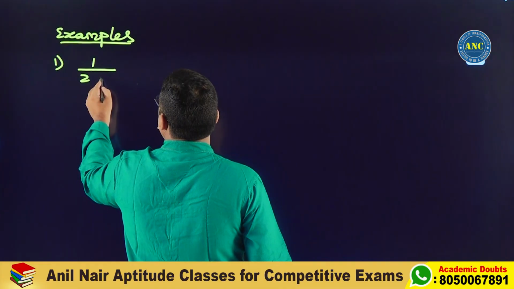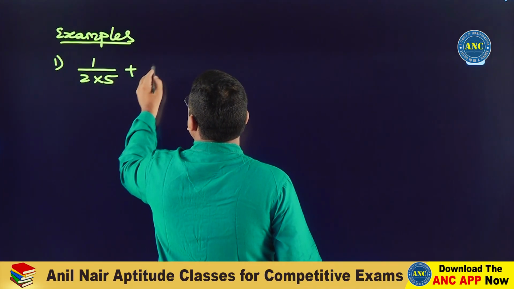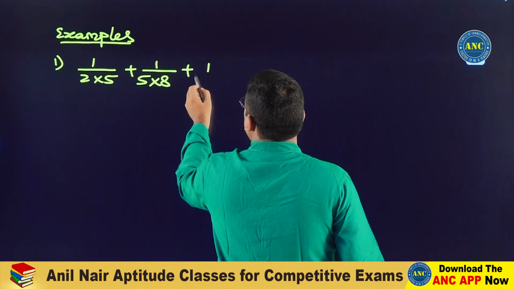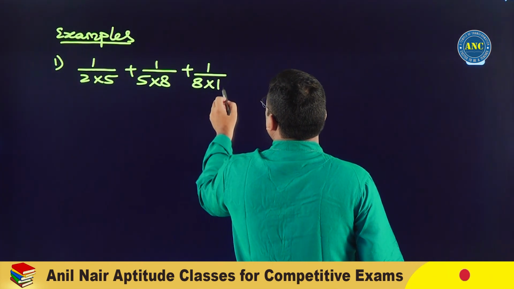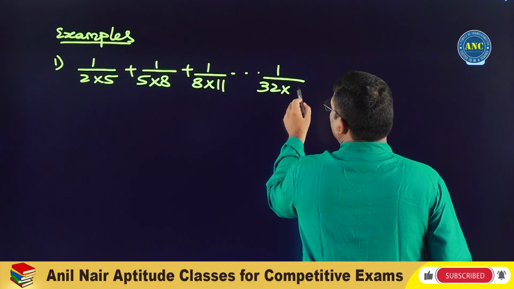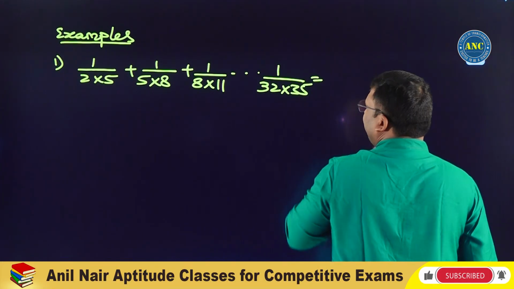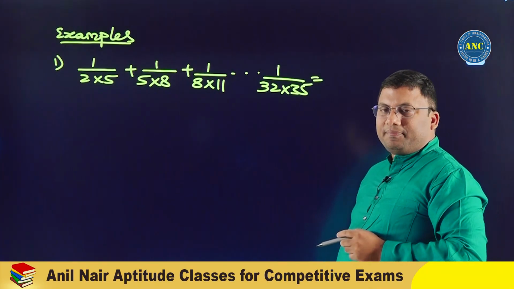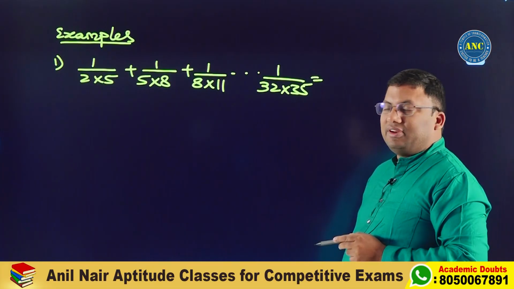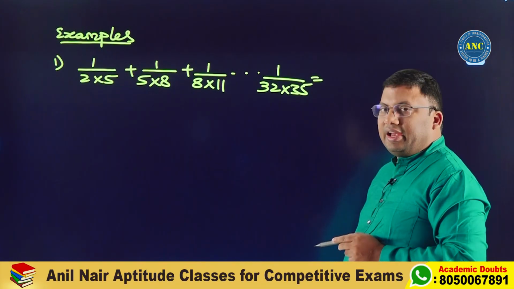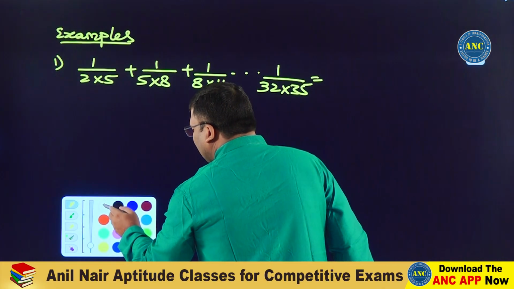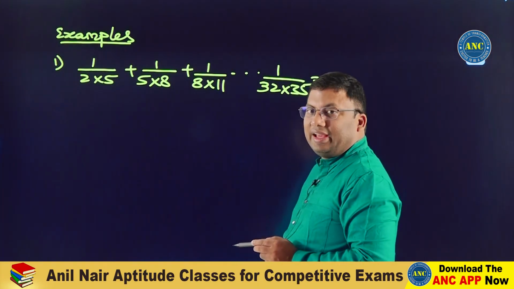1 by 2 into 5 plus 1 by 5 into 8 plus 1 by 8 into 11 and so on up to 1 by 32 into 35. Now again I am explaining.